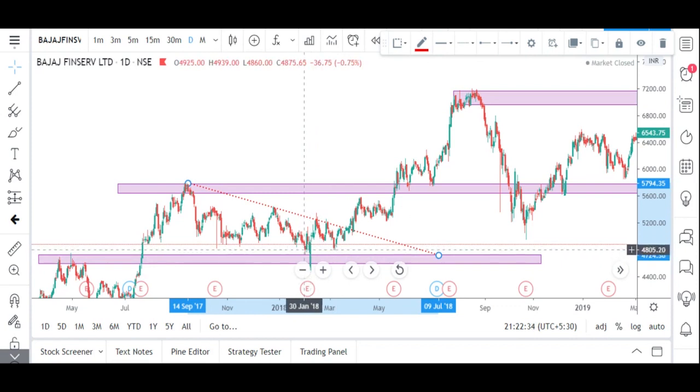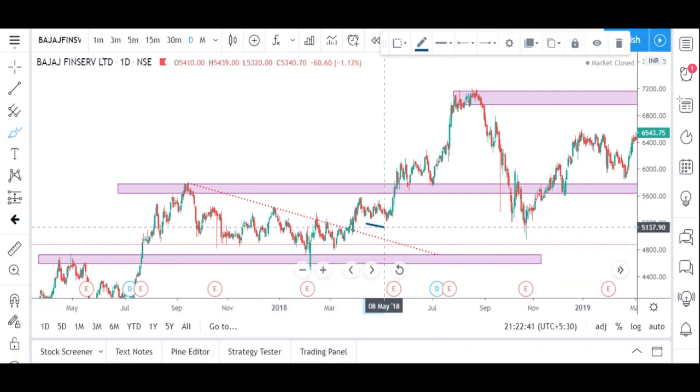Okay, once the support region has crossed this trend line, we enter the trade here, guys.